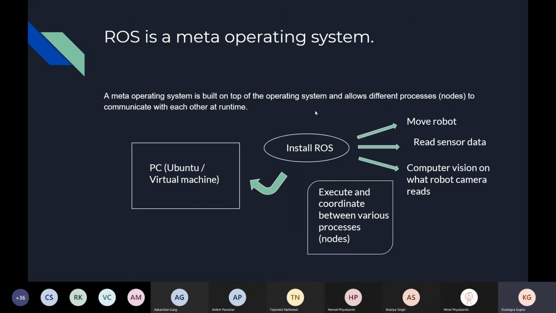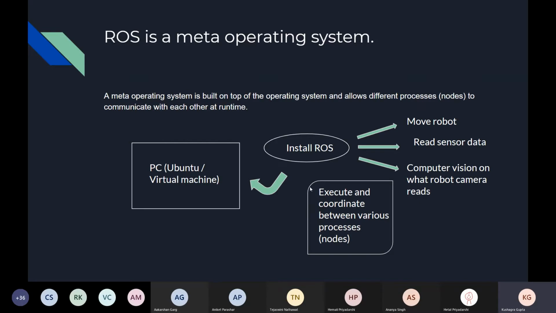So what it exactly is, is a meta operating system. What a meta operating system means is that it is built on top of the operating system of your PC, and it allows different processes to communicate with each other when you tell them to run. And these processes are called nodes.